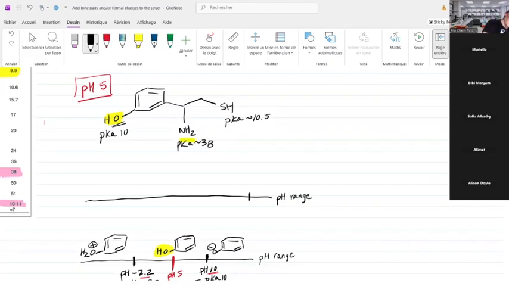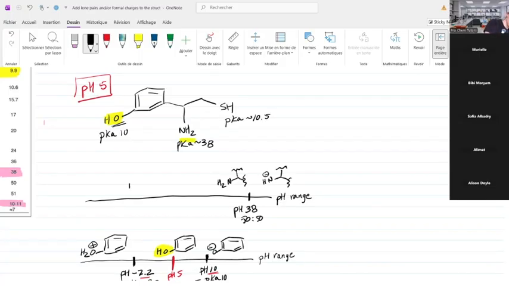So again, at pH 38, which is the same as the pKa of the amine, you will have a mixture of these two species that will be 50-50. Again, I want you to draw all three possible structures.